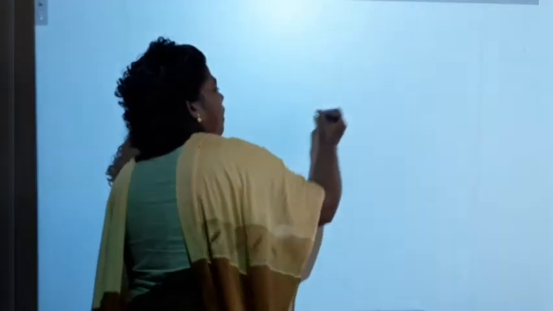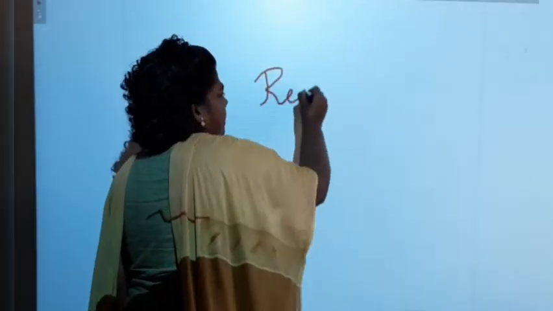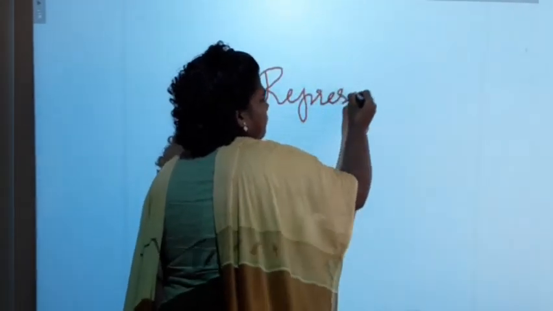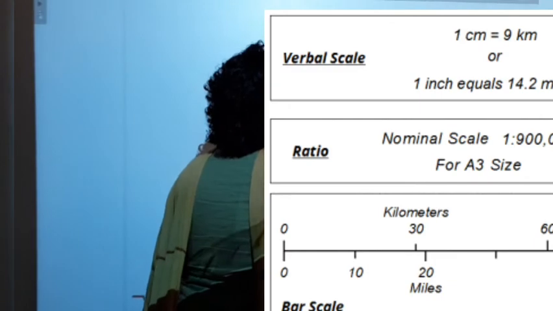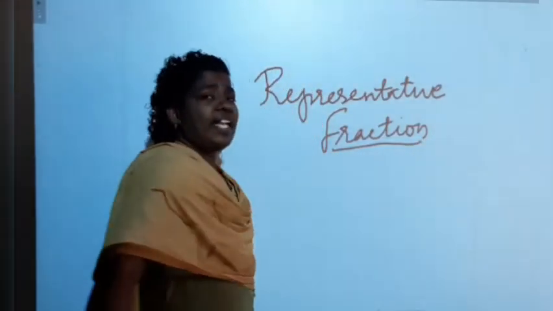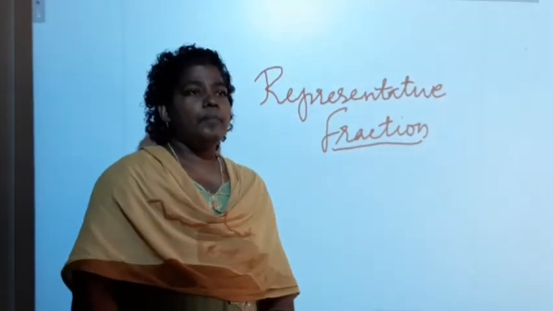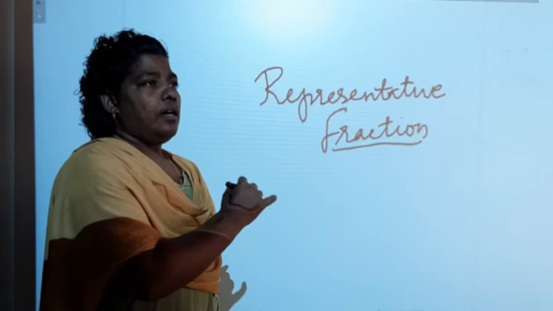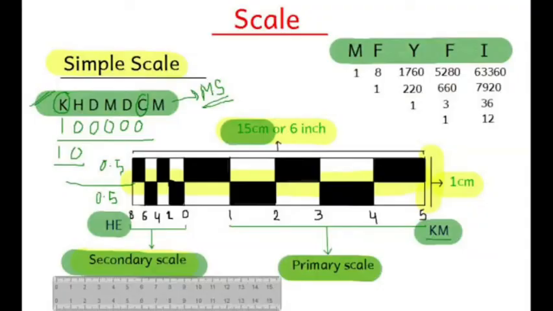The last scale is the representative fraction. Okay, what's the last type of the scale? Representative fraction. In the representative fraction, it will be divided fraction-wise.